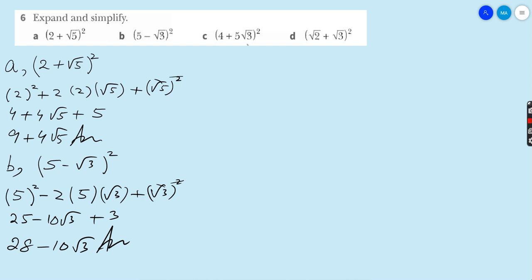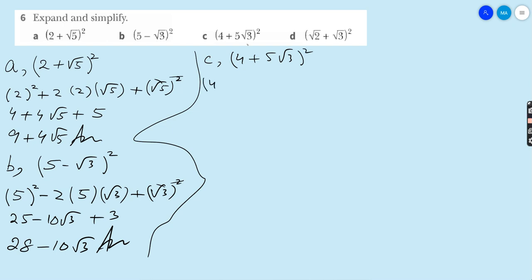Now come to part C. I hope you understand. These are very easy questions. C is 4 plus 5 root 3 whole square. Again apply the a plus b whole square formula. Here a is 4, a square plus 2 into a, which is 4, into b, 5 root 3, plus b square, 5 root 3 square. 4 square is 16 plus 2 4s are 8, 8 5s are 40 root 3 plus.